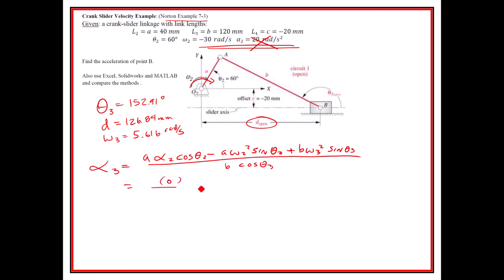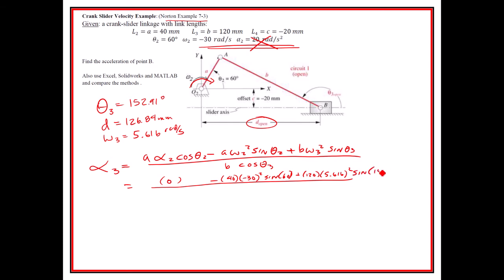This first part right there is going to be 0, all of that, so I don't need to write that out. And then we have minus 30, I'll put it as a minus 30, but it doesn't matter because this is squared in there. Sine of 60 plus 120, that's B. 5.616 squared, that's omega 3.